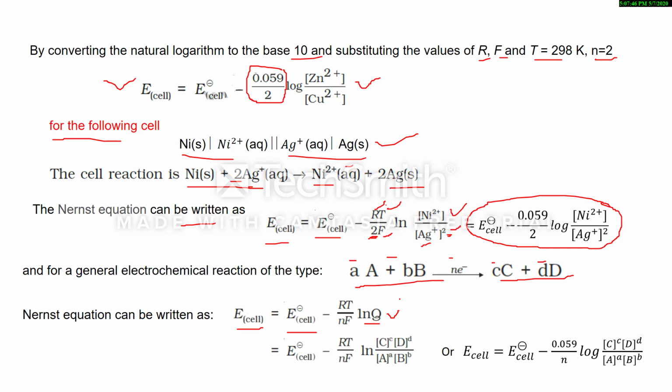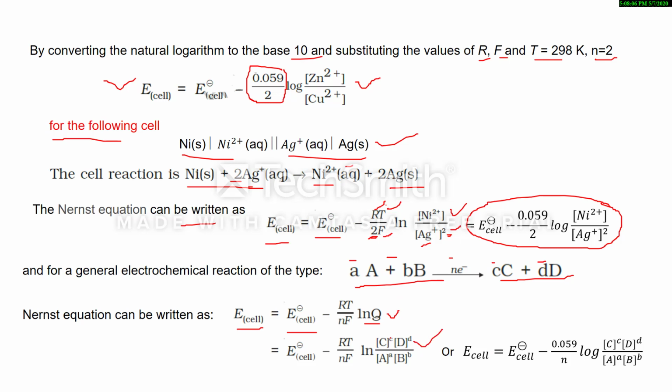Again, remember in the 11th standard when we discussed the equilibrium constant, the reaction quotient is the ratio of the concentration of products to concentration of reactants when the reaction is not at equilibrium. Okay, so we can write this.